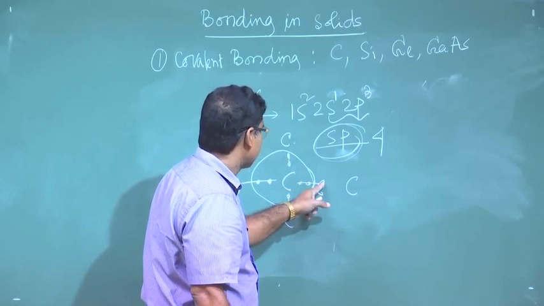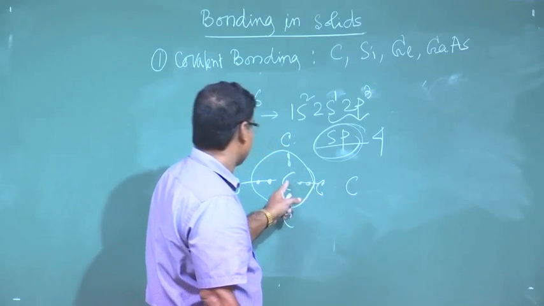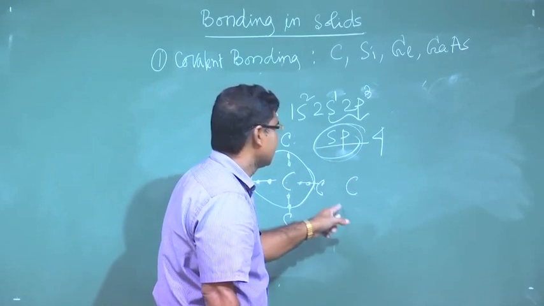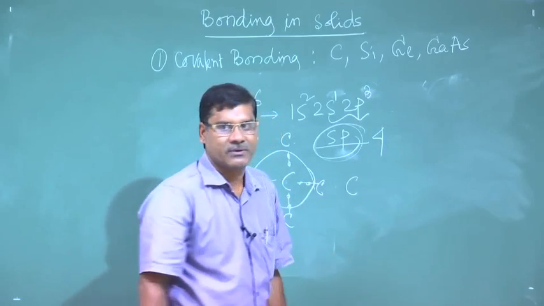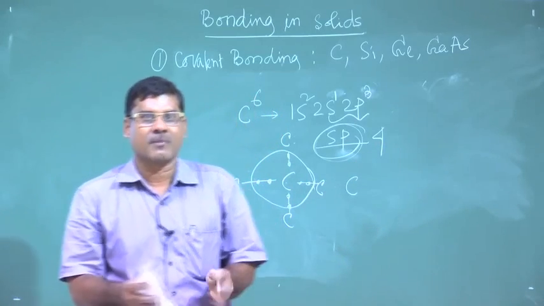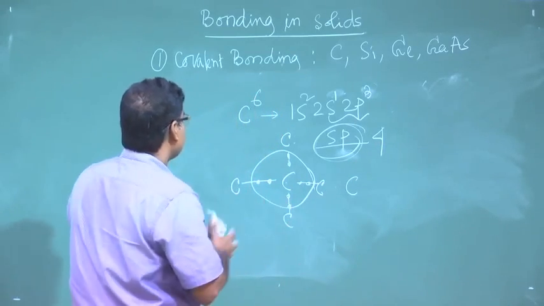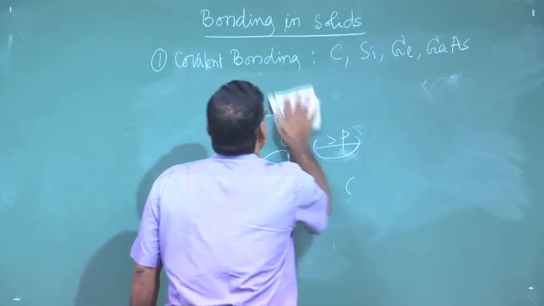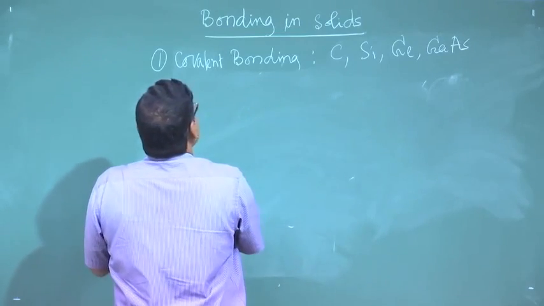Again this carbon will hold one here and 3 others, so the chain will go on and form the solid crystal.